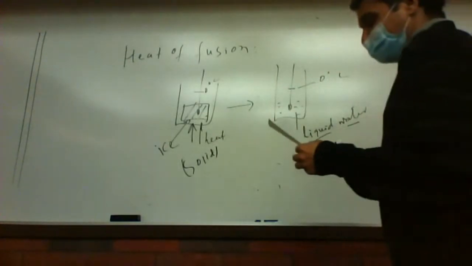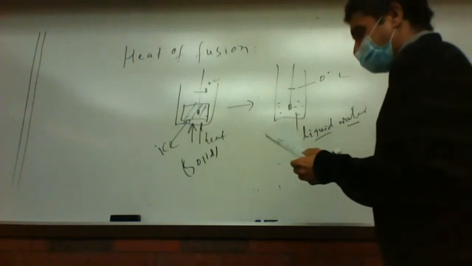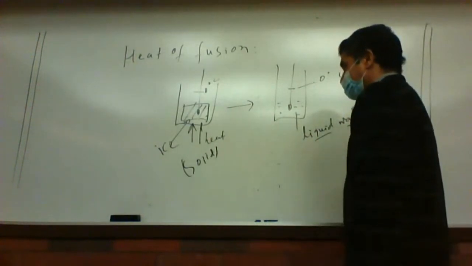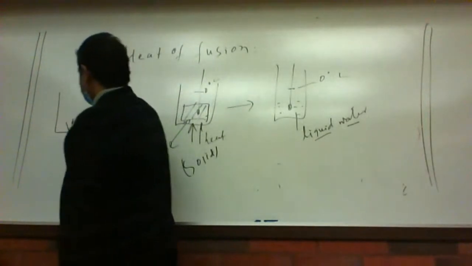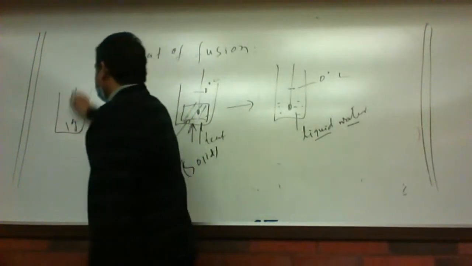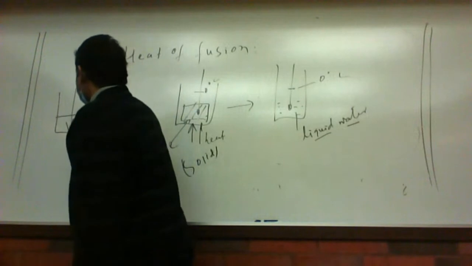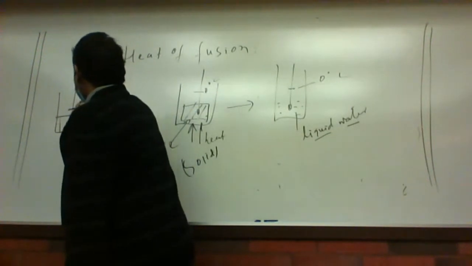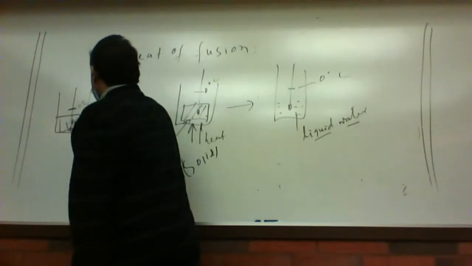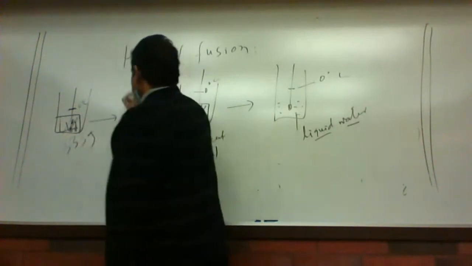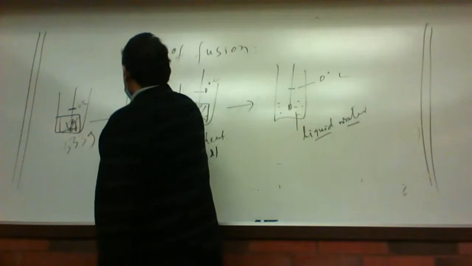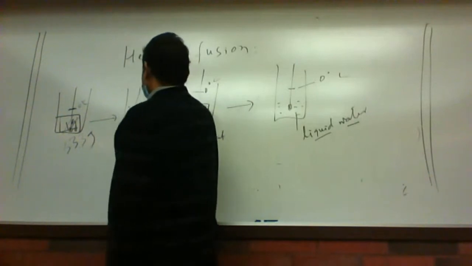So for 1 gram of ice at 0 degrees centigrade, it is 333 joules of heat energy. If you take 1 gram of ice at 0 degrees centigrade and heat it by giving 333 joules of heat energy, it just changes into liquid and the temperature is still 0 degrees centigrade.